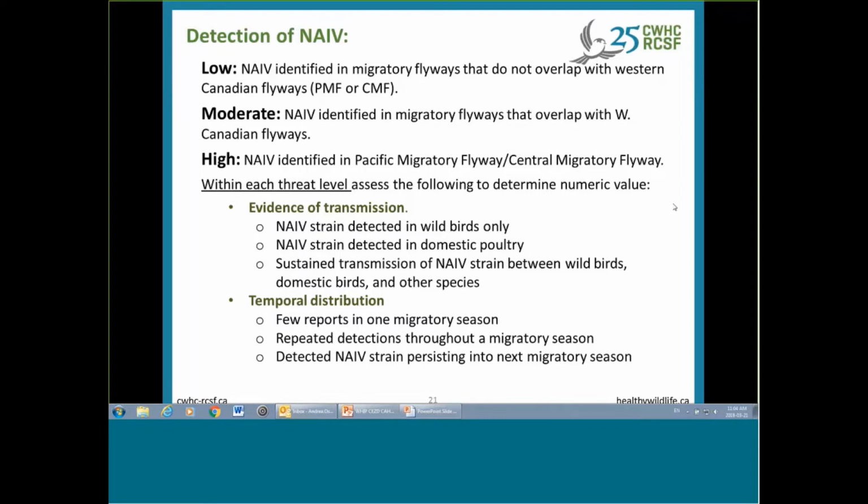So if you're asking the question about detection, your risk based on the level of detection within commercial poultry is actually pretty non-existent, other than the fact that we have the capability to detect it once it's in the barn. But I want to say that if you're assessing risk, it's always going to go high because you're always going to find NAIs in wild waterfowl.